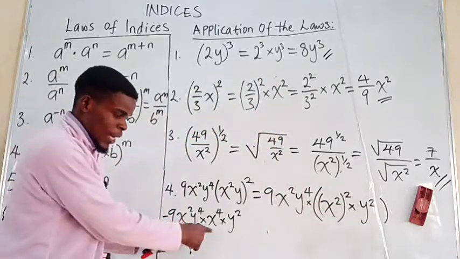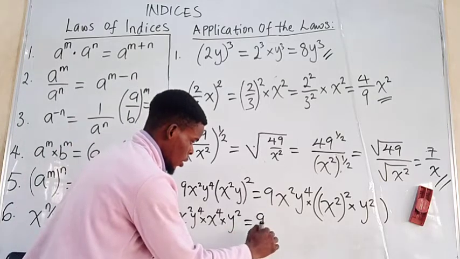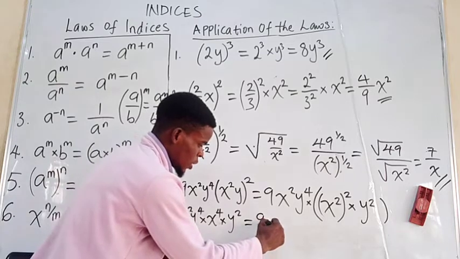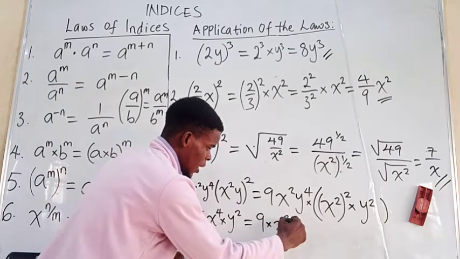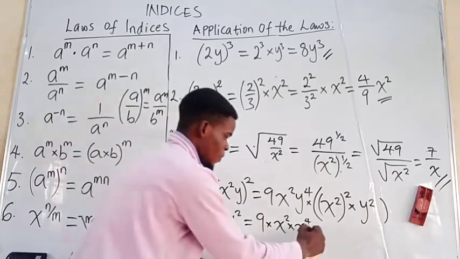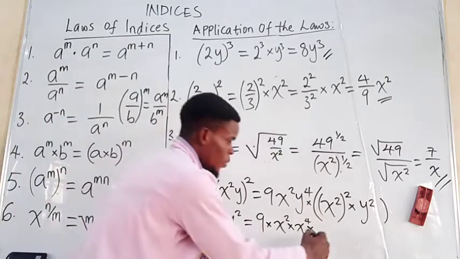Now we are going to go ahead and group the terms together. This is 9. Okay, so this is x squared and this is x to the power 4. So maybe I just put this down. X squared times x to the power 4, and then times, well, this is y to the power 4, and again this is y to the power 2. So let me just put that down.